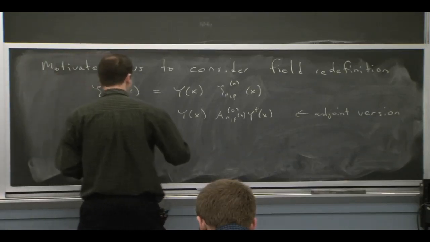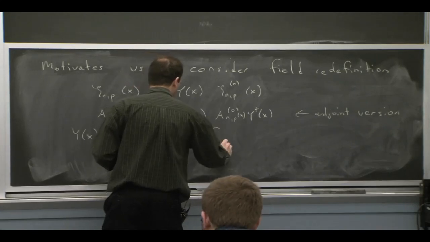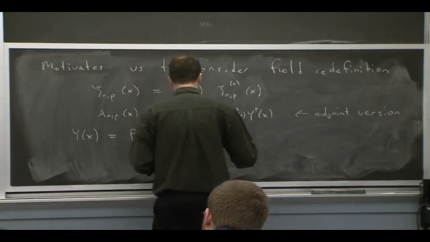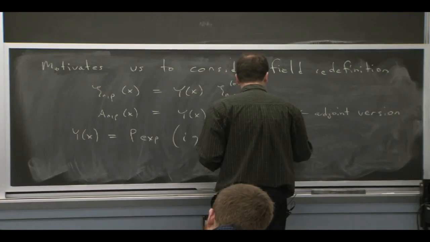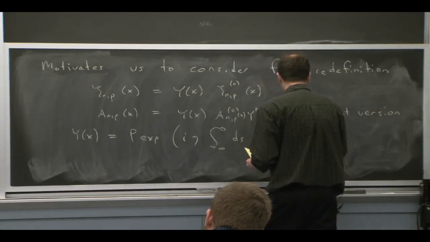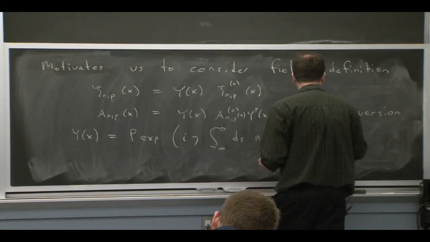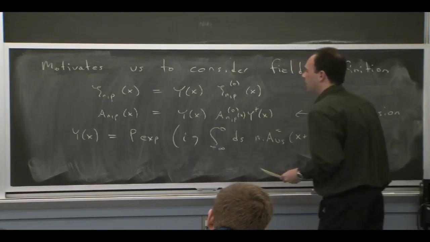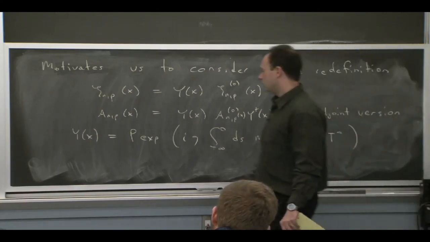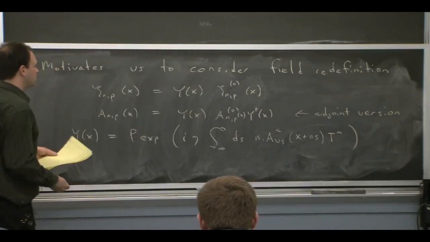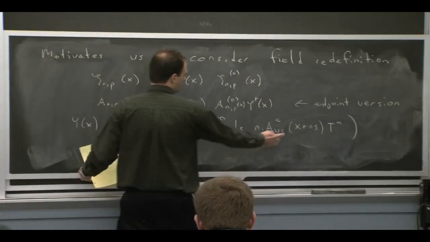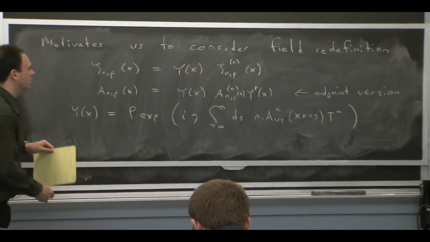It's a path-ordered exponential. Like that. So when I say that the Wilson line's at x, that means I've shifted the whole line by x. Okay, and I could just denote that by putting an x here.